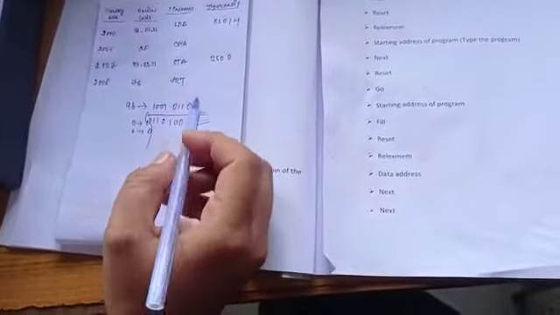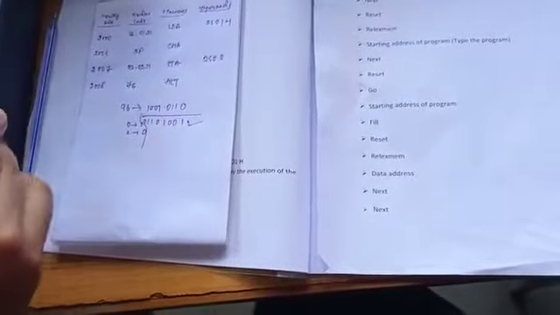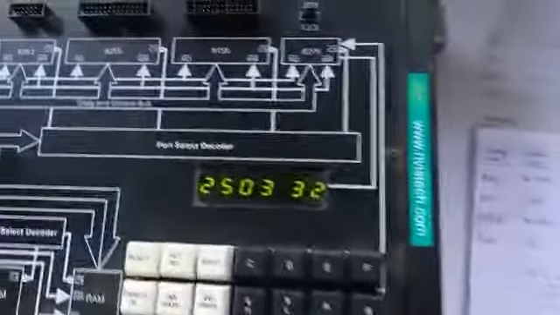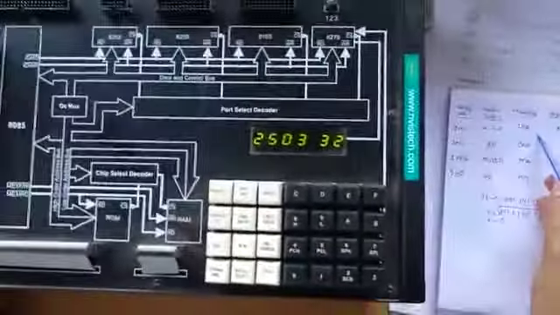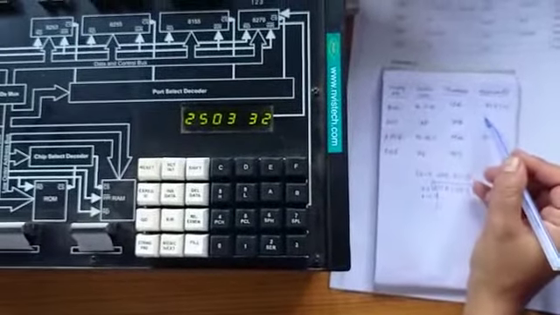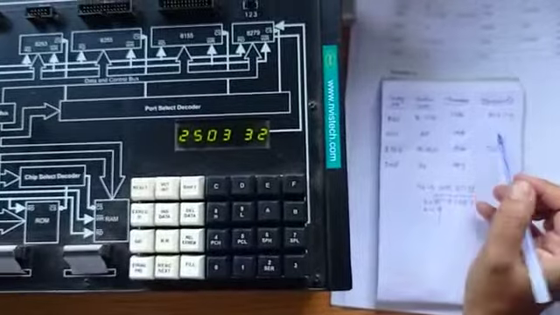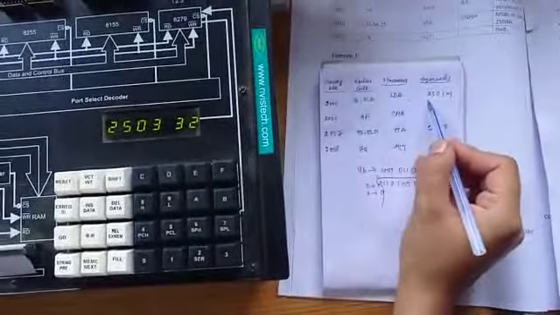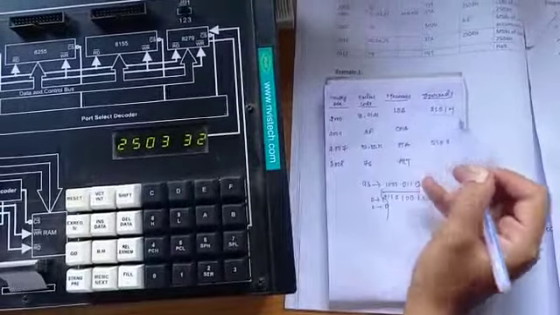Now we have to perform it in the trainer kit, how to execute this 1s complement program, and this is the program for 1s complement. Load accumulator directly with the location 2501.